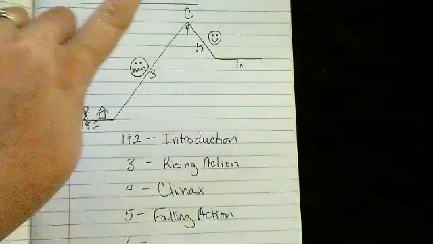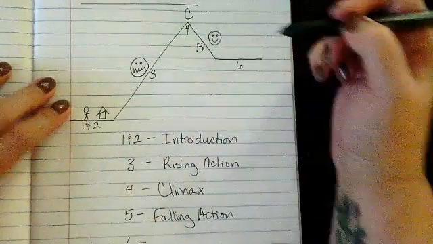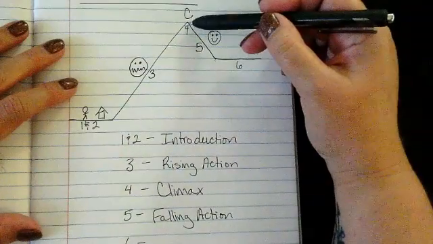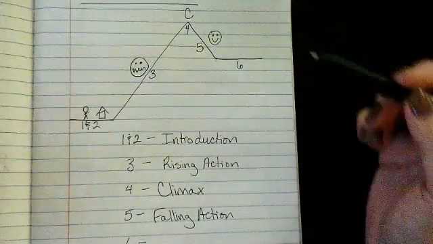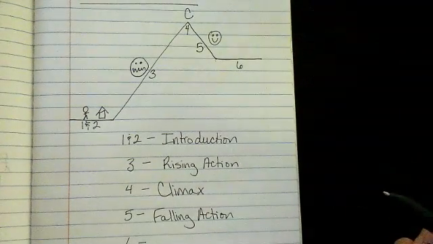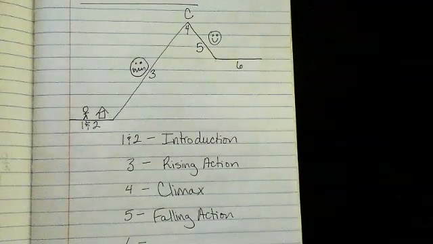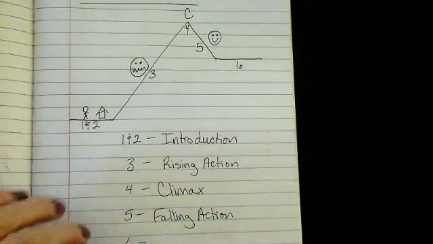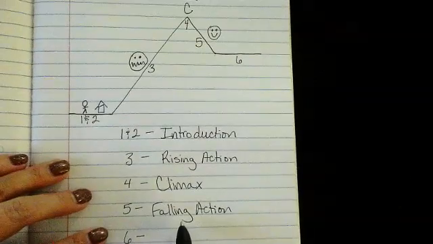And then you have to go forward, right? And then you start falling down that big hill. So this is what we call the falling action. But it's usually pretty short. In a fiction story, the solution part of the story is short compared to the rest of it. So falling action is number 5.